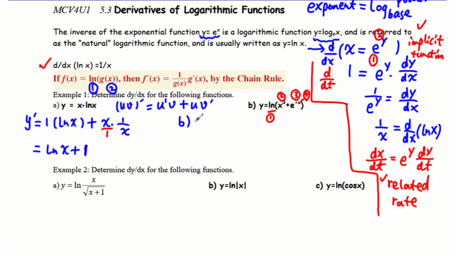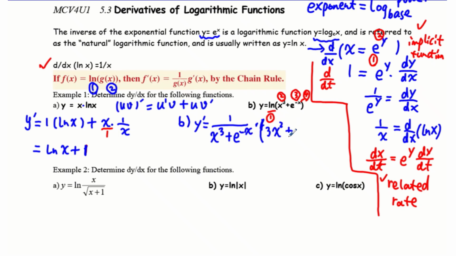4 derivatives. y prime equals the ln derivative, which is the reciprocal: 1 over x cubed plus e to the exponent negative x. Then the derivative of x cubed is 3x squared, so this is times the numerator.